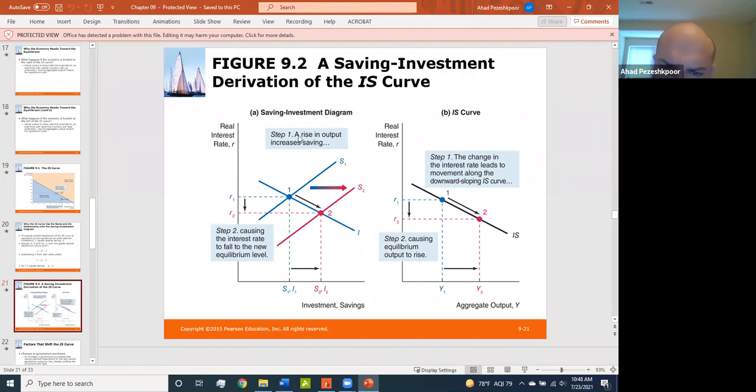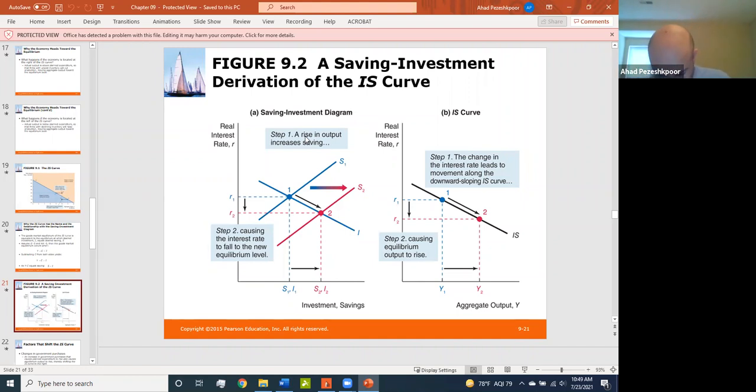Let's just analyze it from the output perspective. Step one, output increases, therefore your savings will increase. Remember, your output goes up, your consumption will go up by a fraction of that increase in output. That's your MPC, marginal propensity to consume.